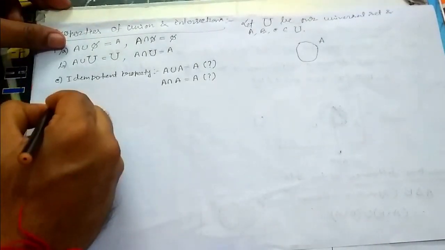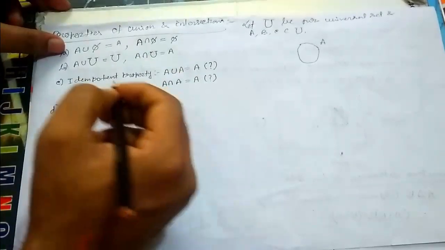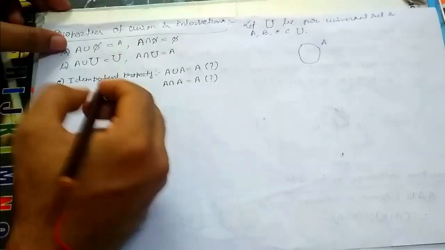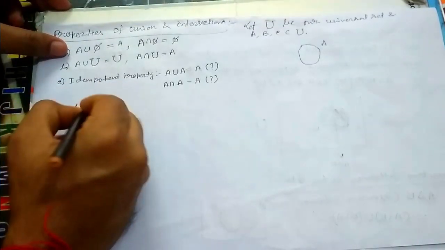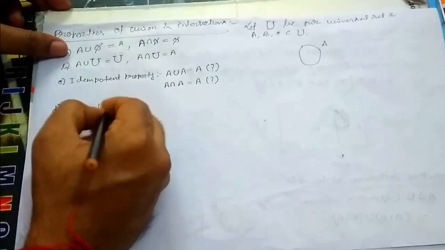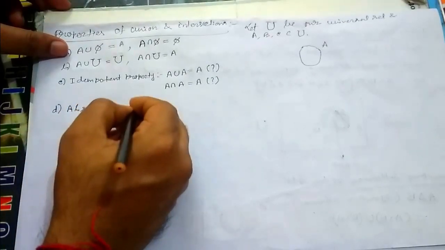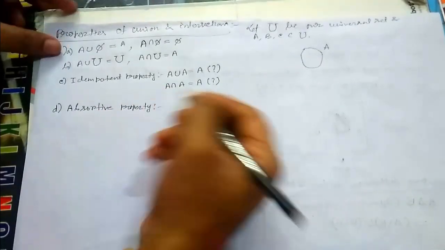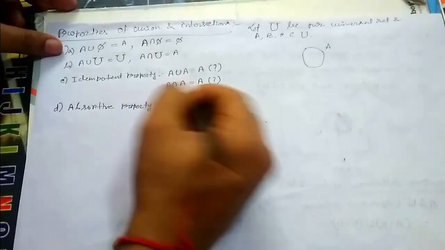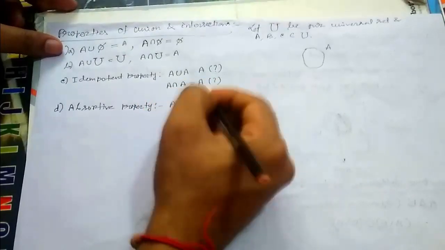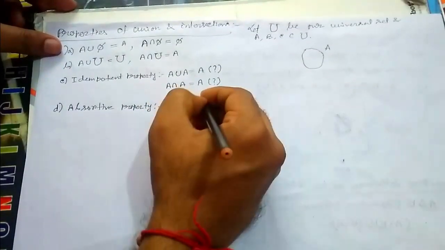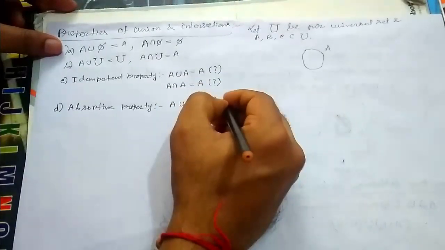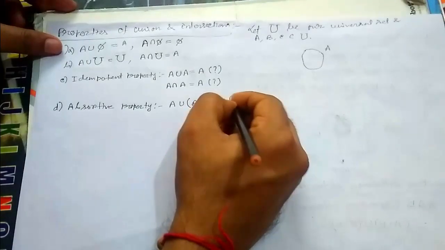Okay, now D. This property name is absorptive property. This property tells us if you take union between A and A intersection B, then this will give A. Why?